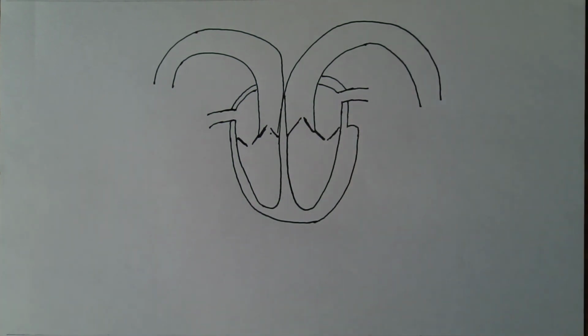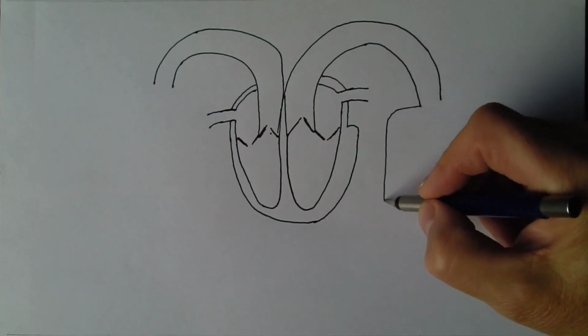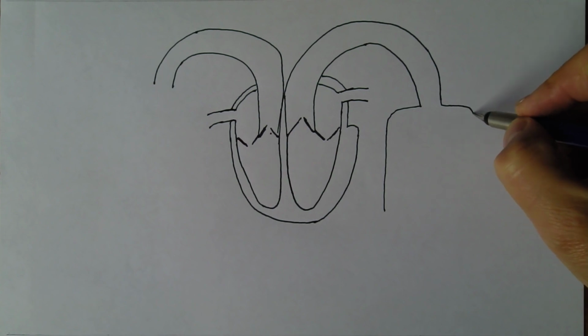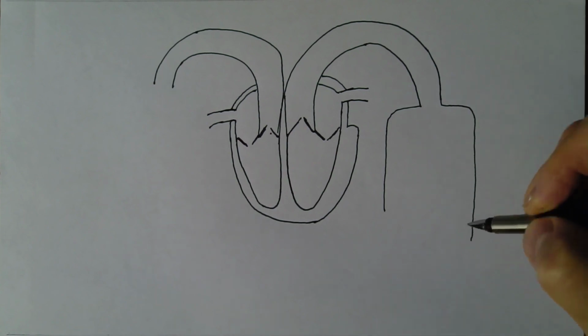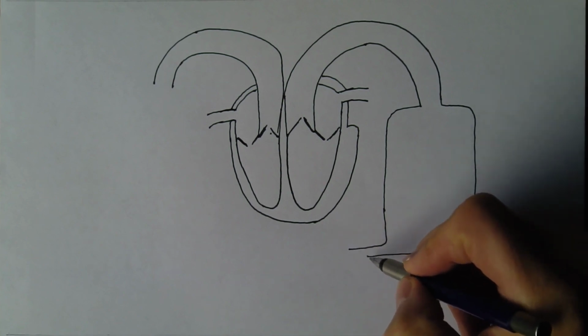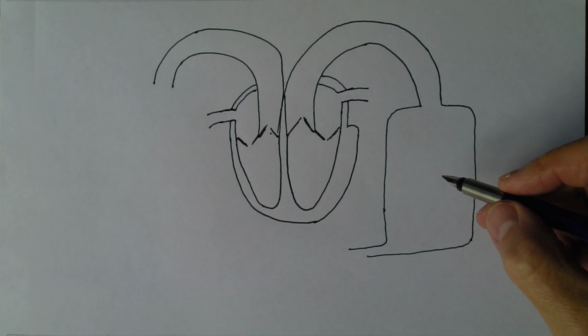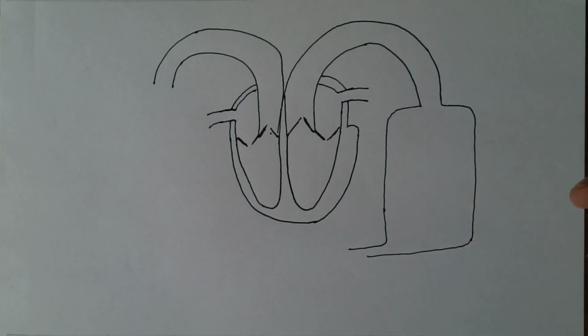Now the aorta is taking blood into the systems of the body. So here we have the systems of the body, represented by this mass of tissue. Now the systems of the body are going to include the digestive system, the renal system, the gastrointestinal system, the liver.